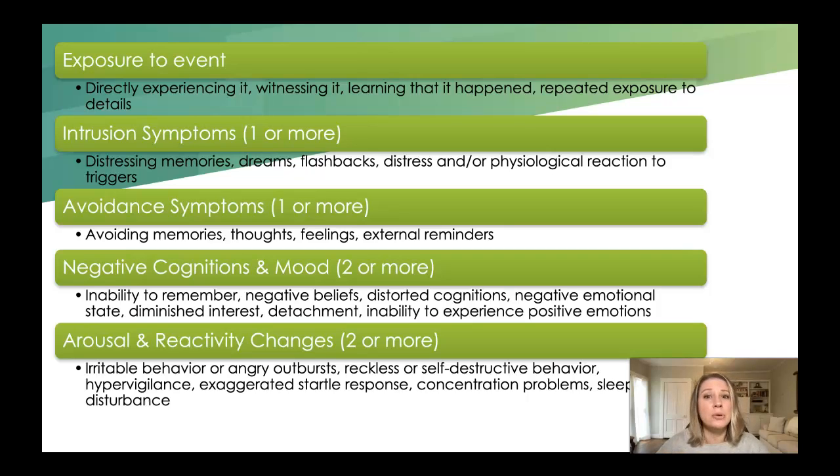And finally, they have to have two or more symptoms of marked alteration in arousal and reactivity, including irritable behavior or angry outbursts, reckless or self-destructive behavior, hypervigilance, exaggerated startle response, concentration problems, sleep disturbance.